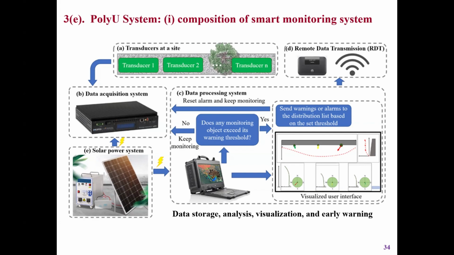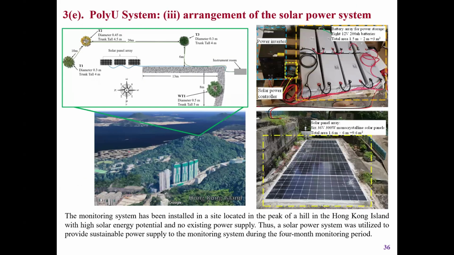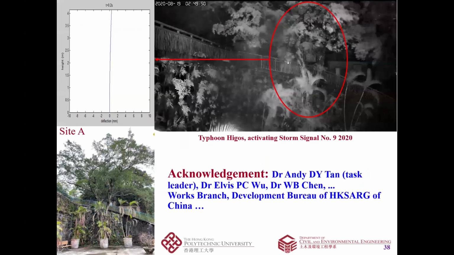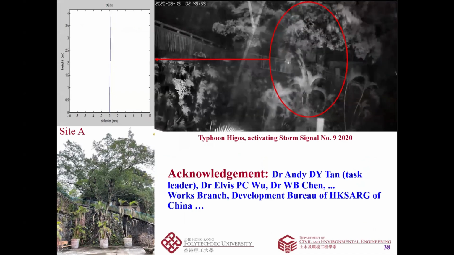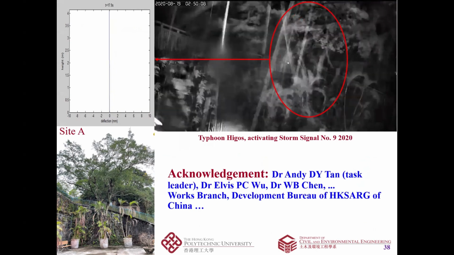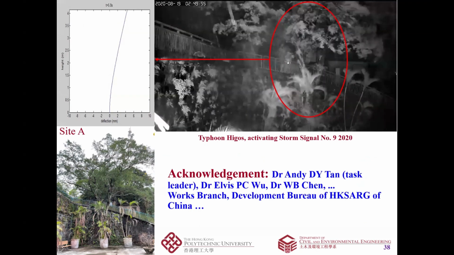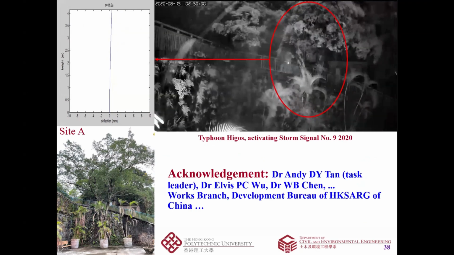We set up the whole system with my group. Solar power supply, the movement of the trees. One good example is when one typhoon hit Hong Kong. You can see the shaking and the deflection can be monitored in real time and give the warning. It's a very good, successful project.